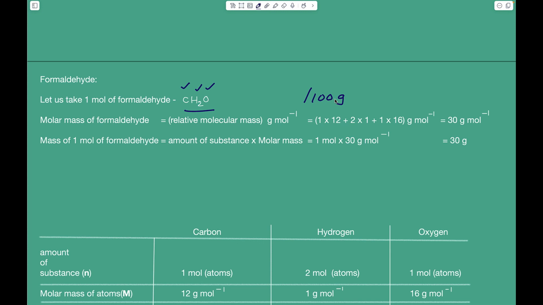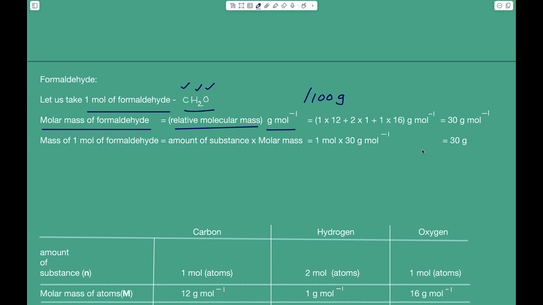How do we do that? Now let us start with 1 mole of formaldehyde. Now what is the mass of 1 mole of formaldehyde? To know that, you need to know the molar mass of formaldehyde. And molar mass of any compound is its relative molecular mass, also known as molecular weight, in grams per mole.